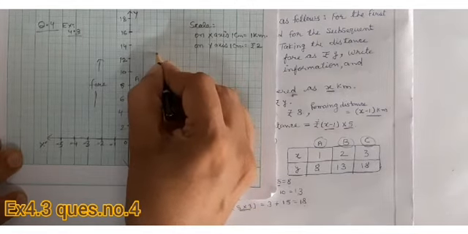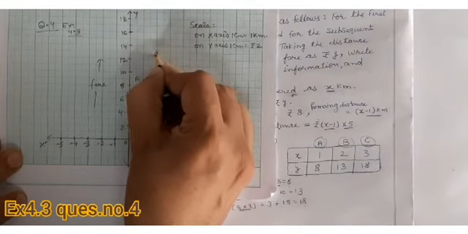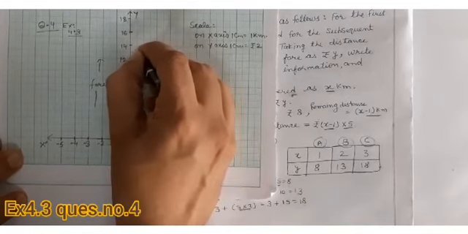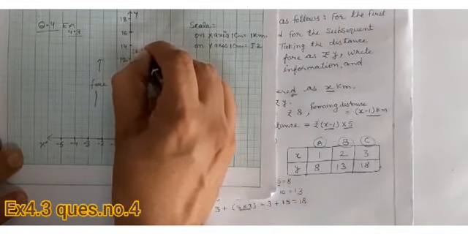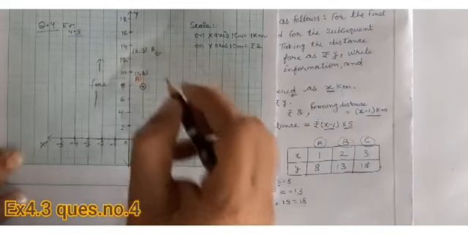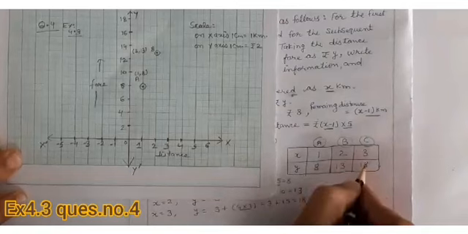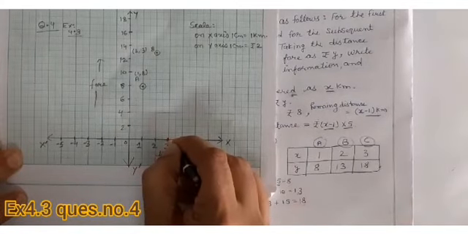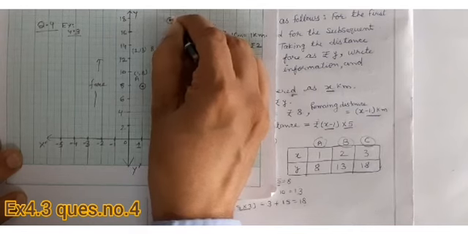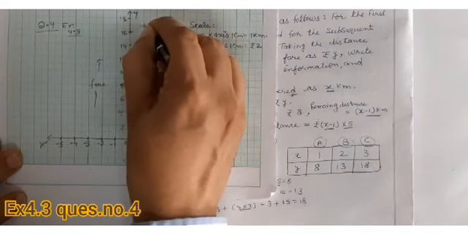This is 14 and 1 less, this is 13. This is B. What was C? C is 3 comma 18. X is 3 and y is 18. This is C.